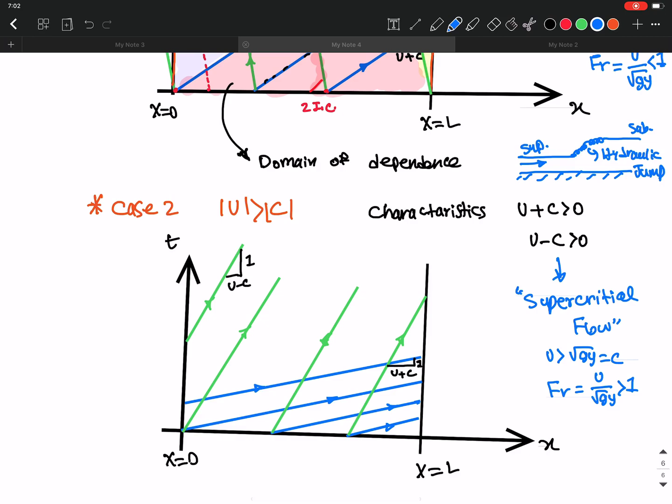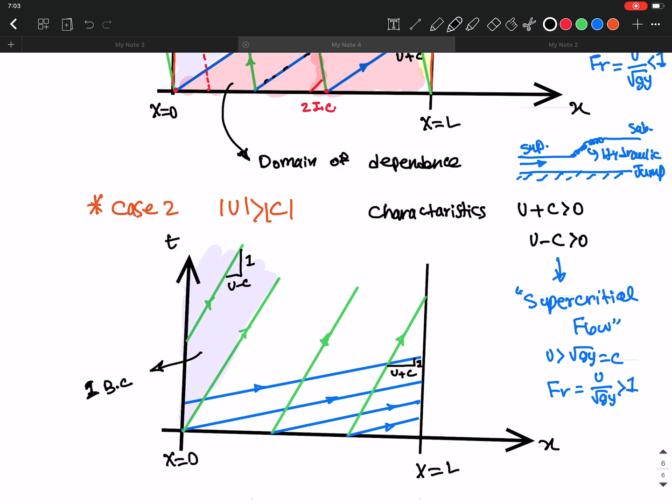And now let's look at the domain of dependence here, just to do a quick analysis. If you have any point here, you will need two boundary conditions.